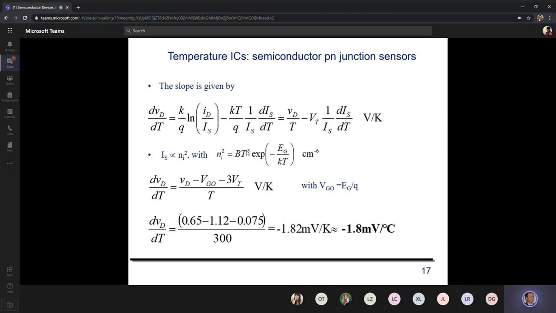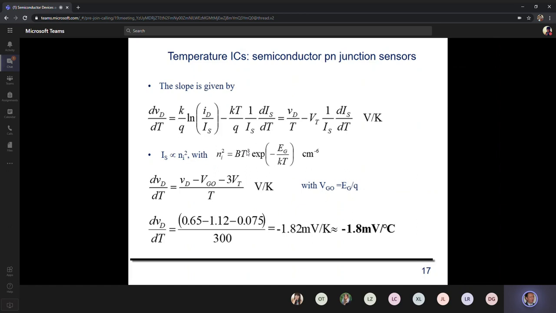So when you take the derivative of all of these and you compact these terms together, you find that the gap is divided by the electron charge.